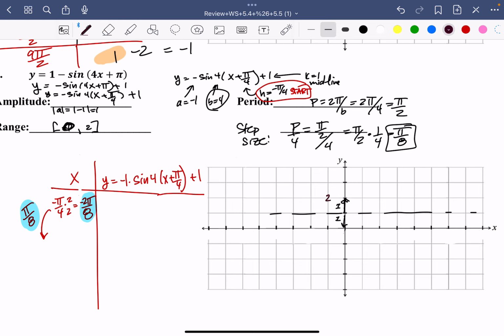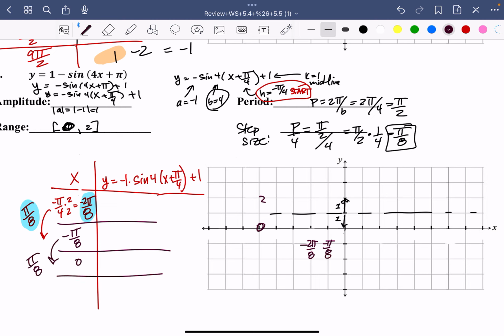Again, I go up to 2 and down to 0. So my starting value is going to be negative 2 pi's over 8. And I take a step size of 1/8, I get to negative pi over 8. Then I take another step of pi over 8, I get to 0. I take another step of pi over 8, and I get to pi over 8.